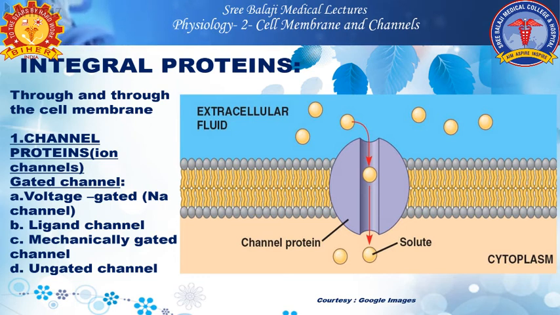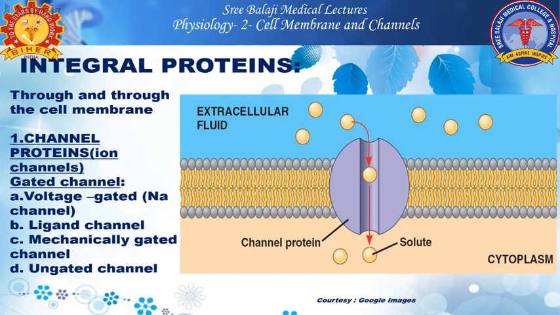The first one is the channel proteins. What are channel proteins? Nothing but the ionic channels. You would have known, like we have channels like sodium channel, potassium channel, calcium channel. Via this channel, all the ions will be entering into the cell and exiting out of the cell. So under channel proteins, we will see about the gated channels and ungated channels. Gated channels.